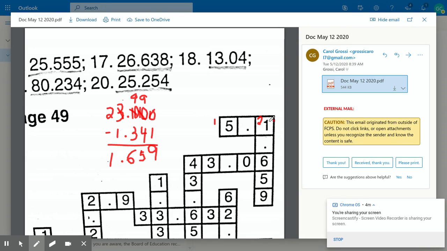So your 1 here is a shared number between the two problems. And it works, right? You got 5 and 1/10, and then 1 and 659 thousandths. So you could feel pretty confident at least that this number is correct, right? Because you got it with both problems.